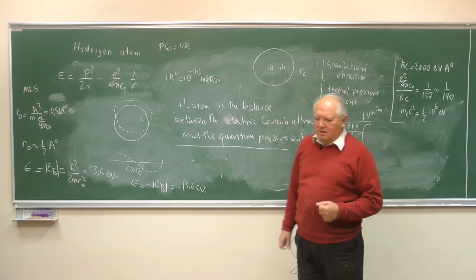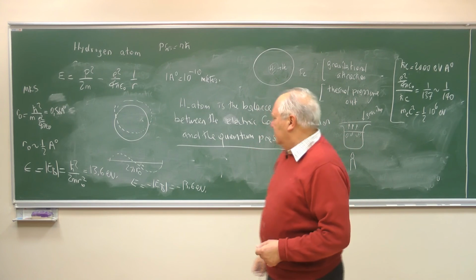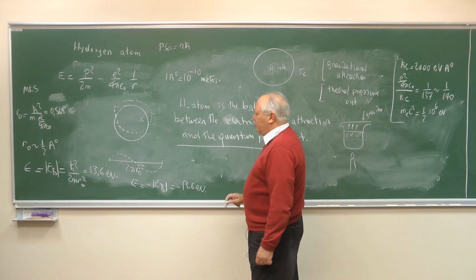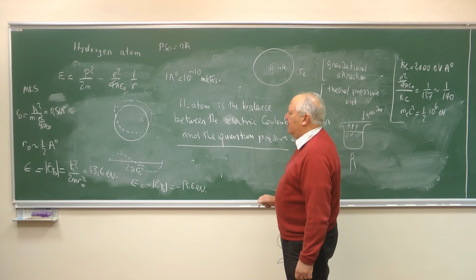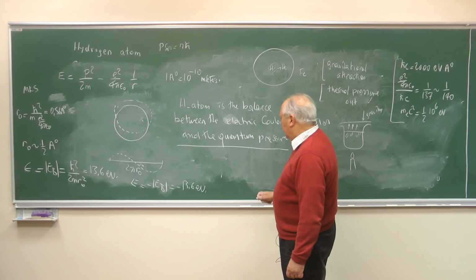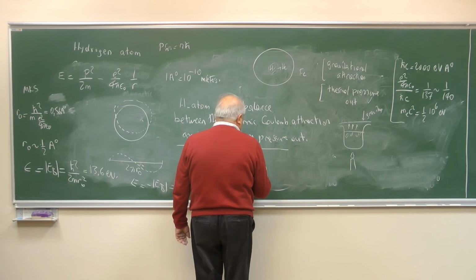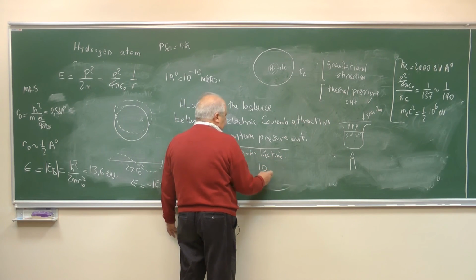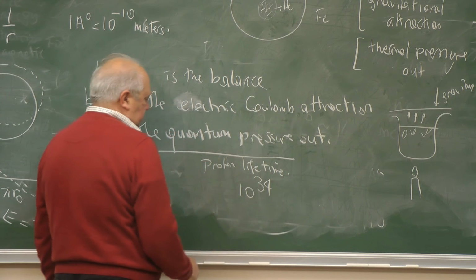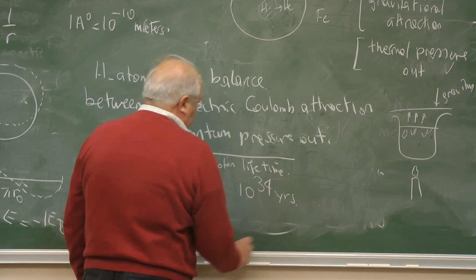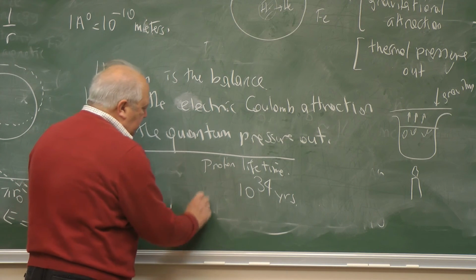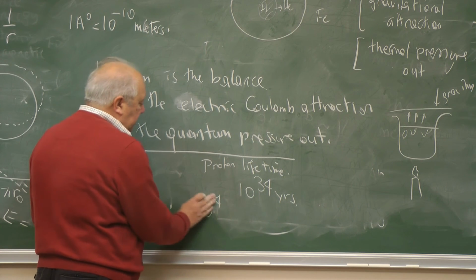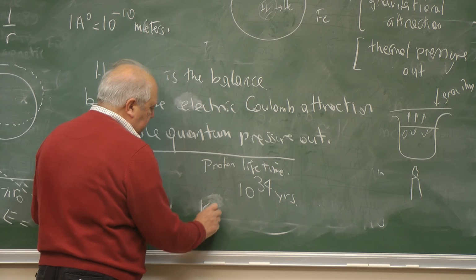Now, there are some theories, supersymmetric theories, and they predict some lifetime for the proton, and experimentalists put a lower limit, and that proton lifetime limit is about 10 to the 34 years. Now the age of the universe so far is something like 14 billion years.